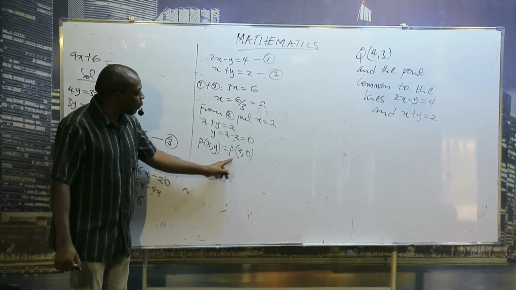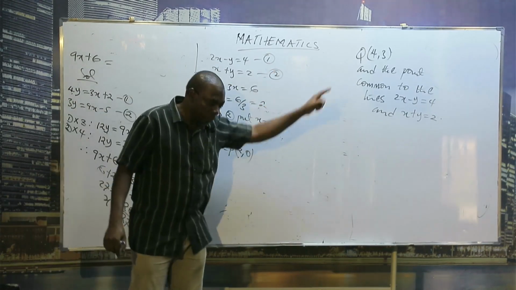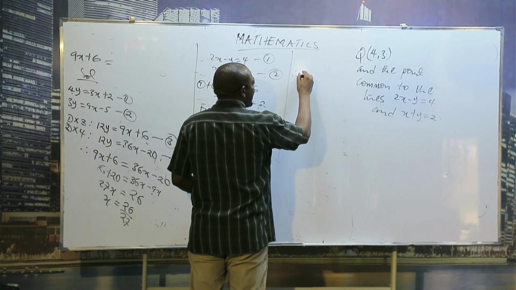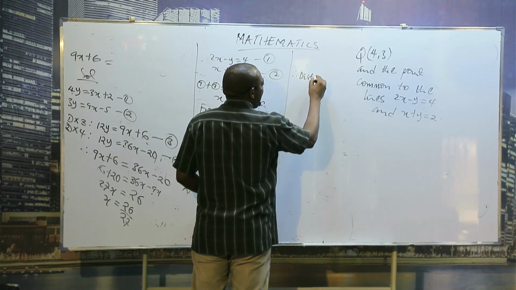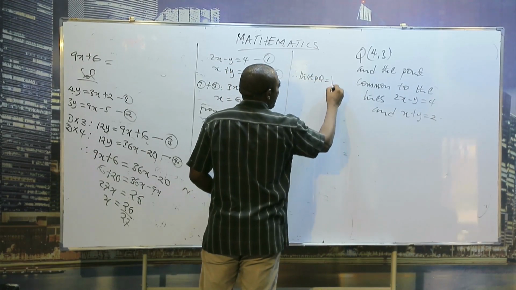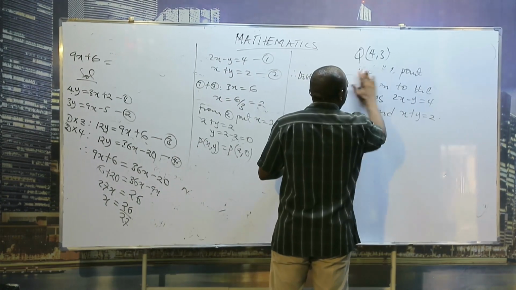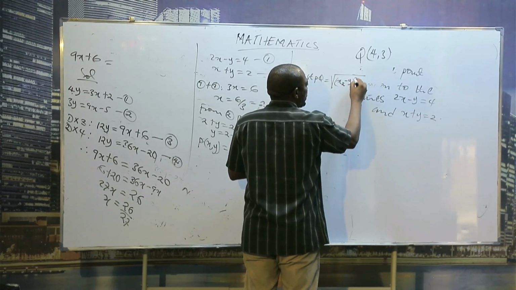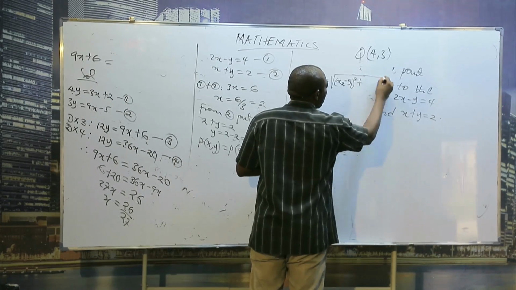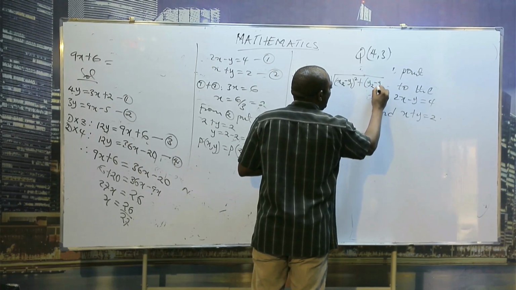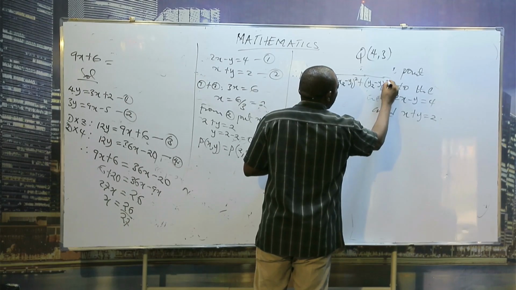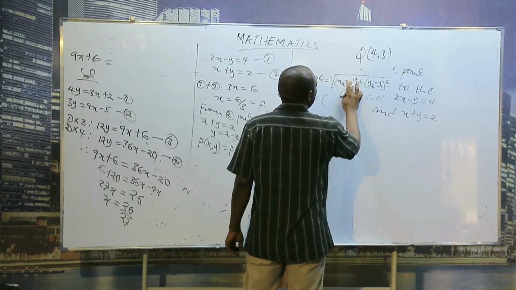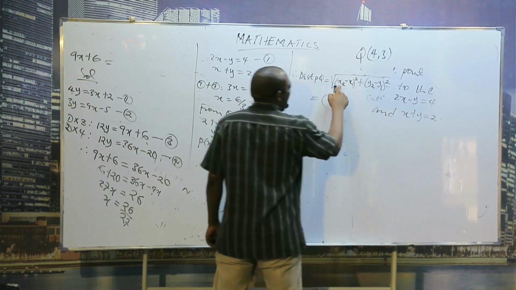So I'm looking for the distance between P and Q. How do I get the distance? Therefore, distance PQ will give us the square root of, do you still remember, (x2 minus x1) all squared plus (y2 minus y1) all squared.